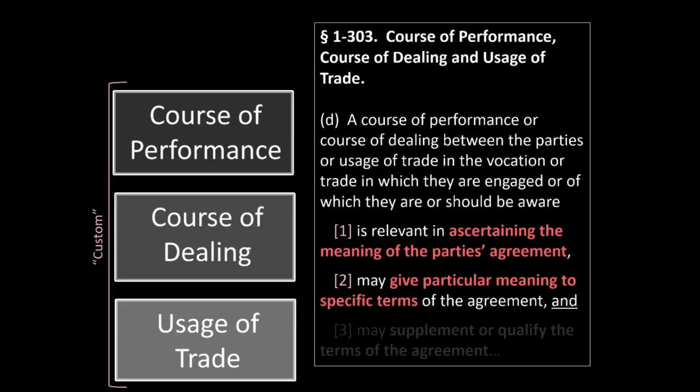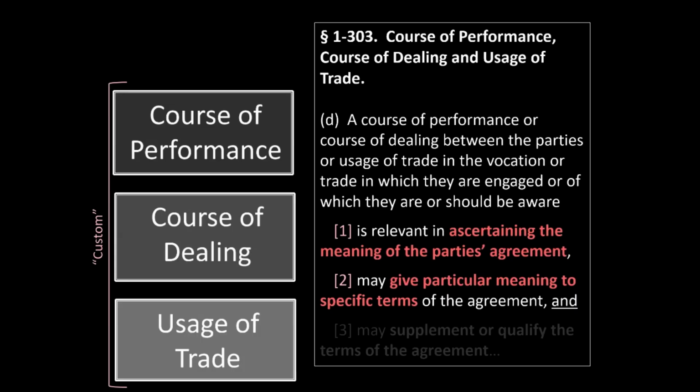Where there is ambiguity in what the express terms mean, where the express terms are reasonably susceptible to more than one interpretation, custom may be used to ascertain the meaning of the agreement in general and to give special meaning to the specific words and terms the parties used in the agreement. Thus, it makes it possible for one party to argue for a more sophisticated understanding of the express terms of an agreement, an understanding that is not limited to the express words of the agreement, but also informed by the context in which the agreement was made.